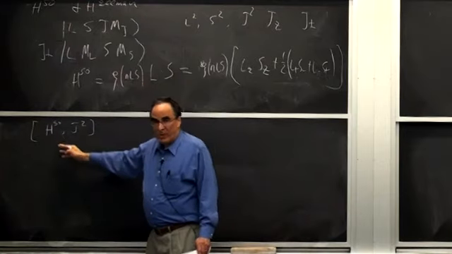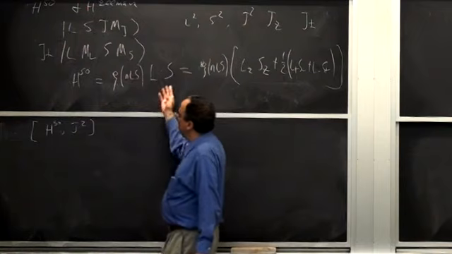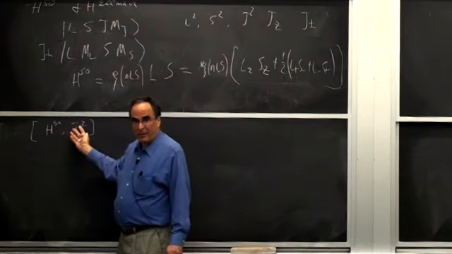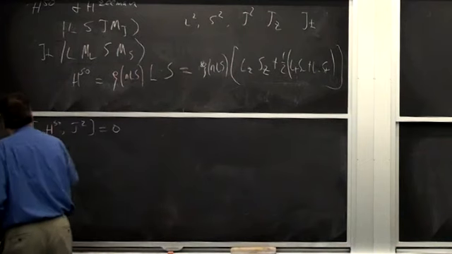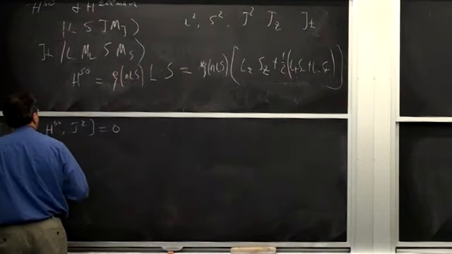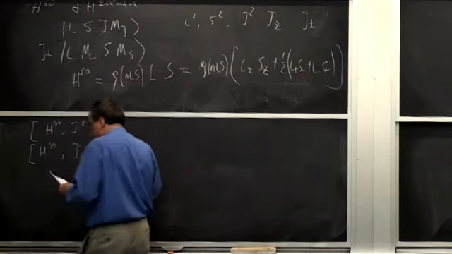So we know that this thing is a scalar with respect to J squared, and it's going to commute. Another property of scalars is that it's going to commute with Jz as well.